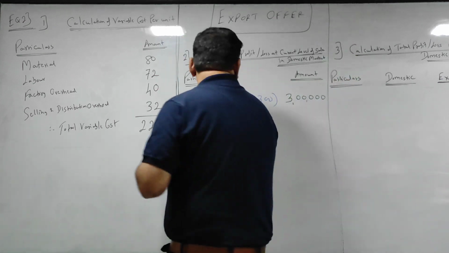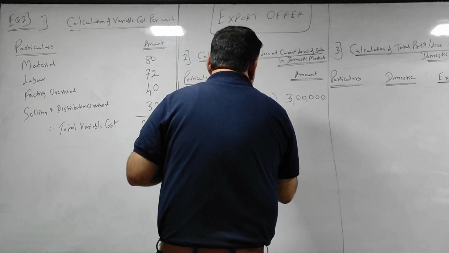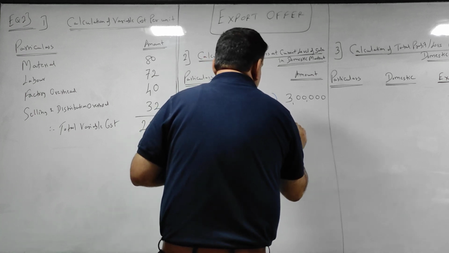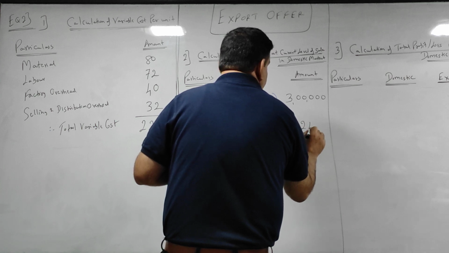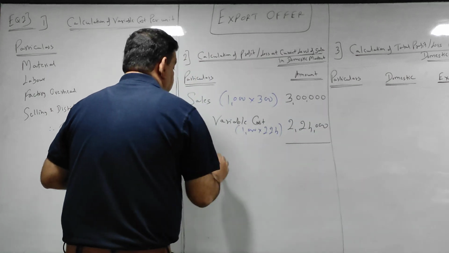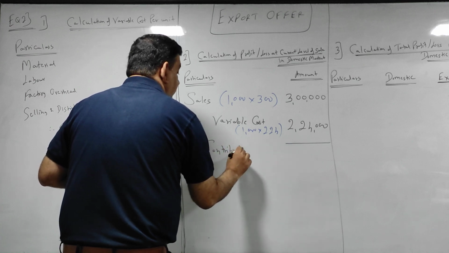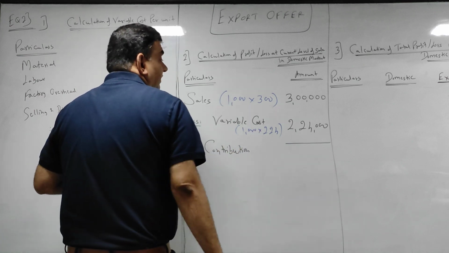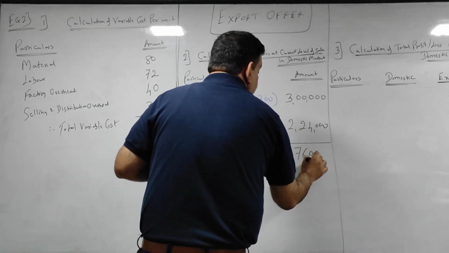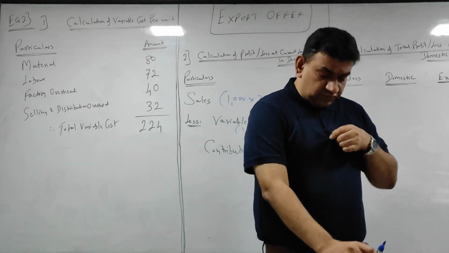So what you'll do, put a bracket: 1000 into 224. So my variable cost is 2,24,000. Now you know the difference is my contribution. So 3 lakh minus 2,24,000, 76,000 is my contribution.